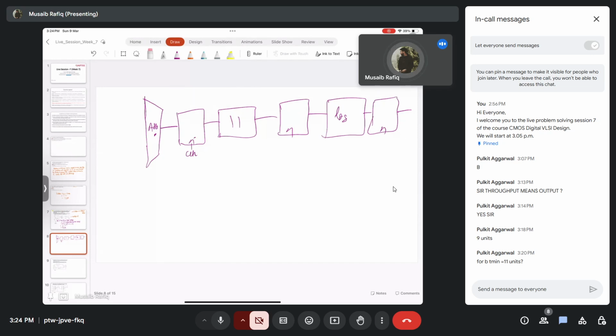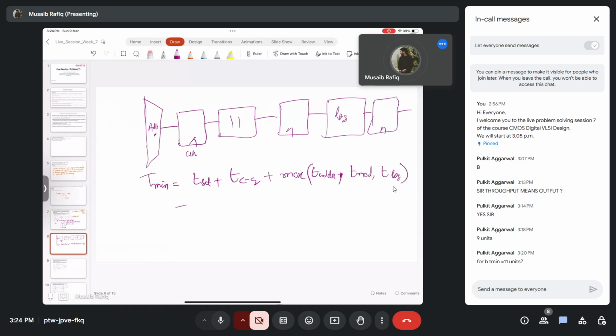Once we have done the pipelining, my T min will be given by T setup of register plus T clock to Q of register plus max of T adder, T mod or T log, whichever takes the maximum time among the three blocks.